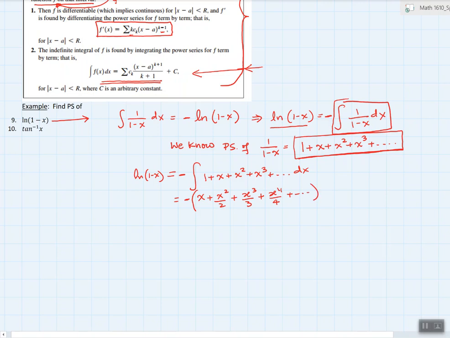Now clearly there is a pattern, and that would be negative summation of x to the power n plus 1, divided by n plus 1. Since n starts from 0 and I want my first term to be x, the power is n plus 1, because when n is 0 I get x, and when n is 1 I get x squared, but then I need a 2 in the denominator, so I divide by n plus 1.